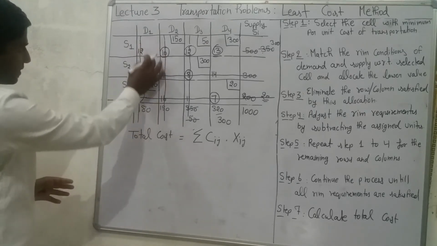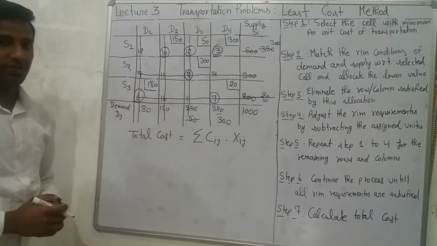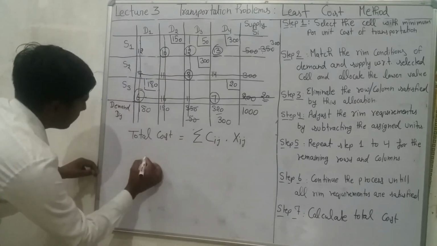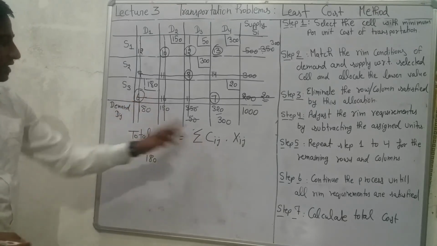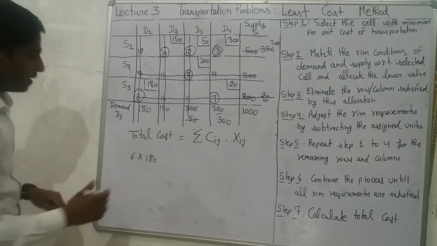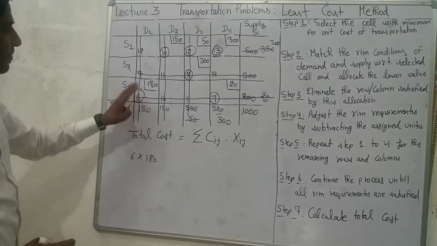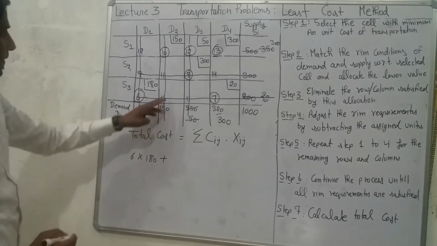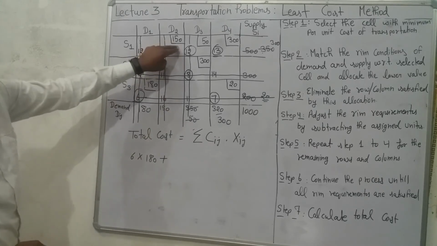So let's start with the first column. In this cell we have allocated 180 units. So for this particular cell, the Xij value is 180, and the Cij value is 6. So 6 into 180, because we want to calculate the total cost, and it will be calculated by summing up all the cells. 6 into 180 plus, come to the next cell, 10 was the per unit cost and 150 units are allocated.